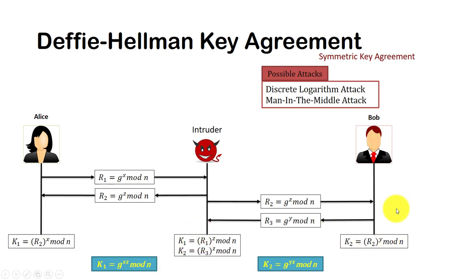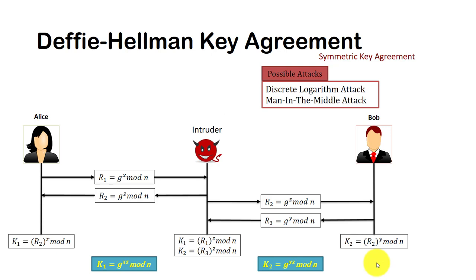K2 is the key that is created by Bob also, and Bob would be easily able to decrypt it. And in this way, the intruder can easily modify the messages and control the flow of the messages. The intruder can easily control what kind of message and what content of the message could be sent to Bob and Alice, right?